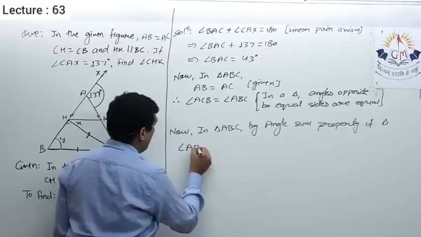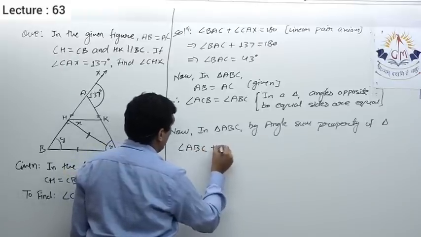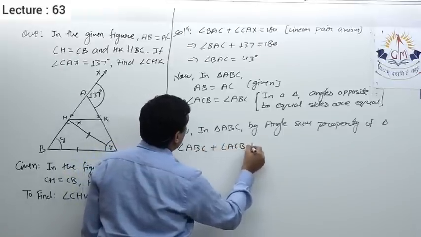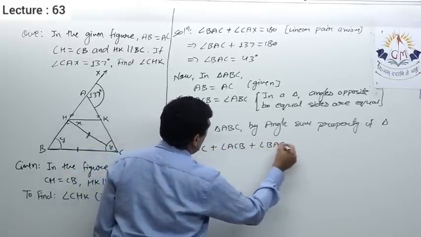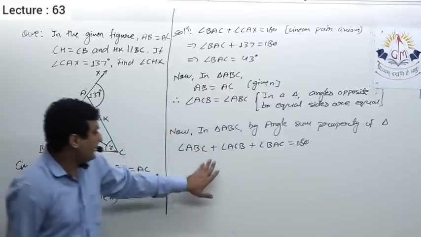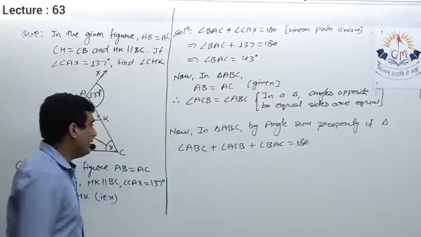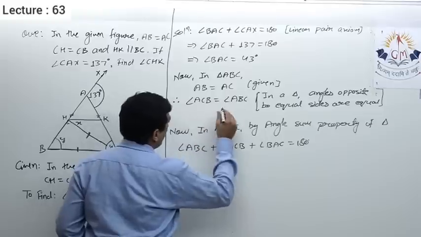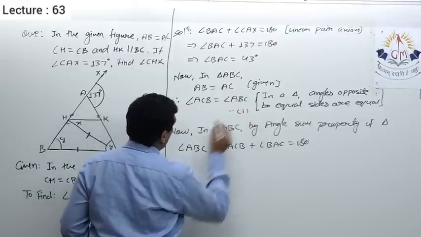Angle ABC plus angle ACB plus angle BAC is equal to 180 degree. In a triangle, by angle sum property, sum of all three angles is 180 degree, and two are equal. Let this be equation number 1.